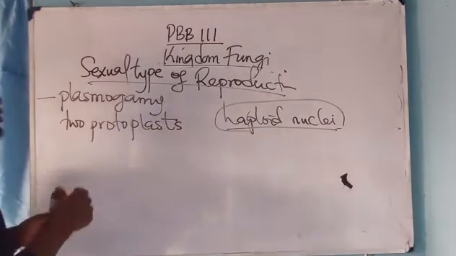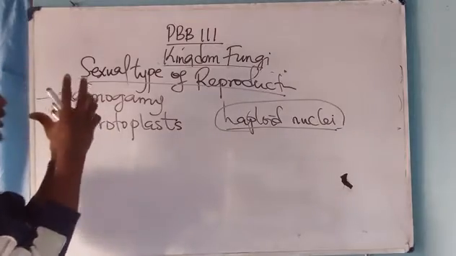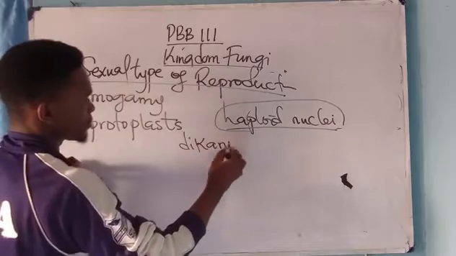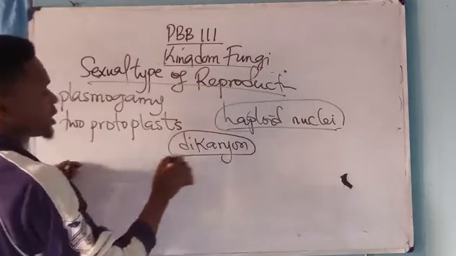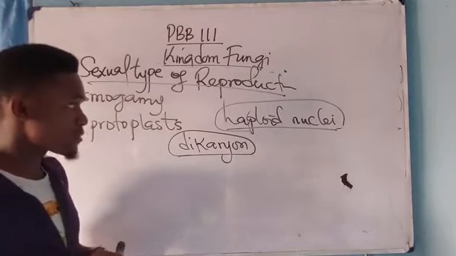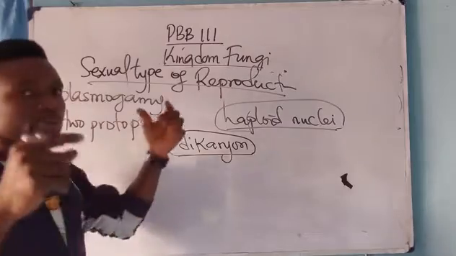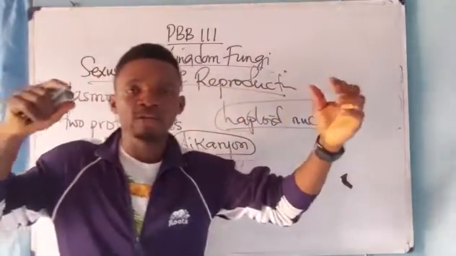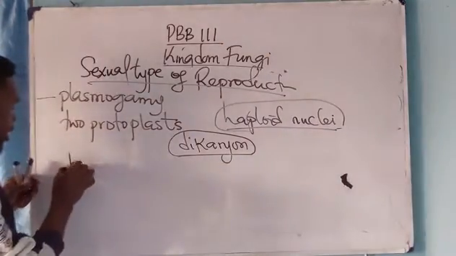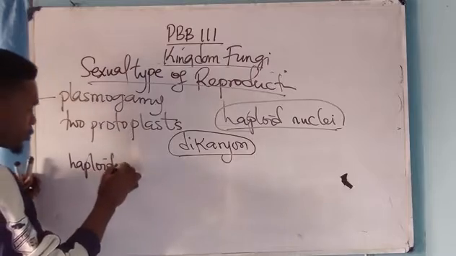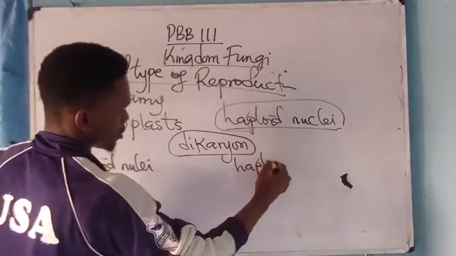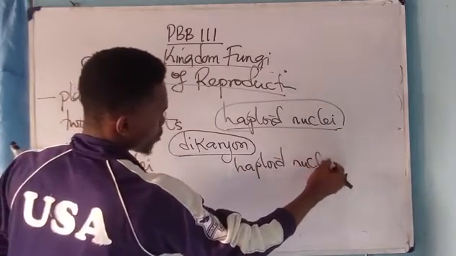Now plasmogamy brings about the bringing together of two haploid nuclei, and you call this a dikaryon. A dikaryon is the nucleus formed by the bringing together of two haploid nuclei from opposite parents, or opposite sexes, which means that a haploid nucleus will come from one parent, then another haploid nucleus will come from another parent.